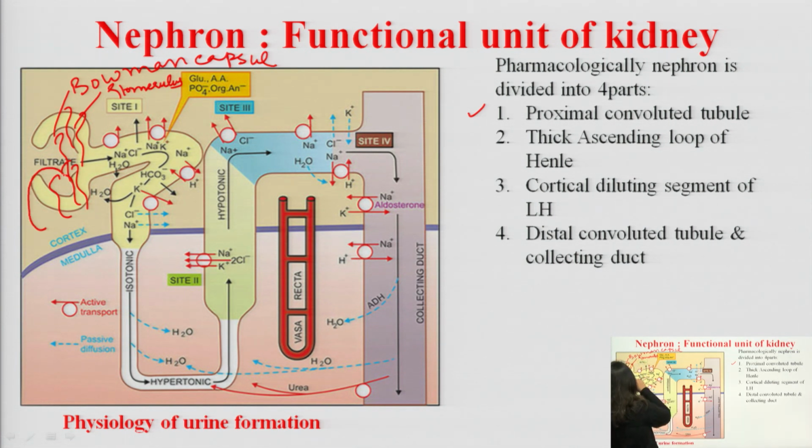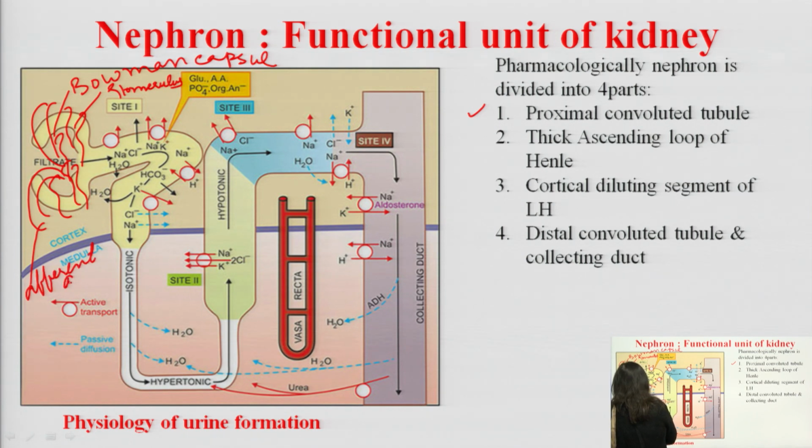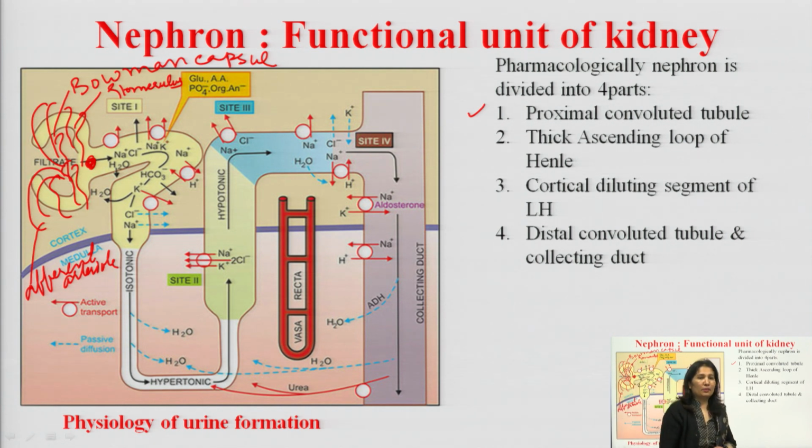As blood enters through the afferent arteriole, it gets filtered through this network of capillaries, and the filtrate comes into the capsule and then enters the renal tubule.